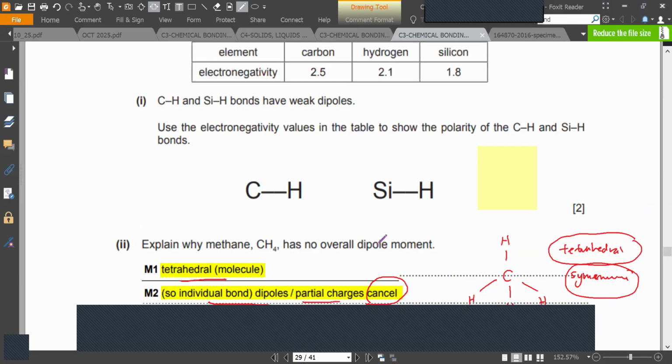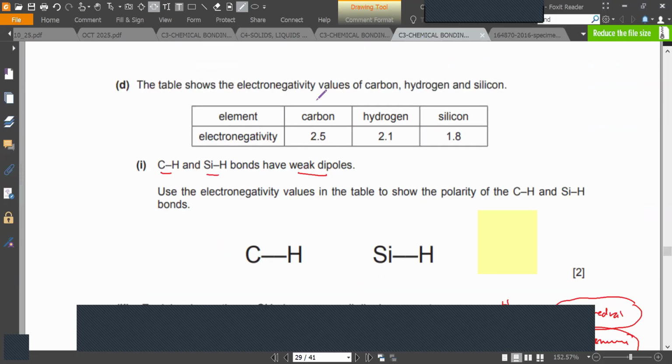The C-H and Si-H bonds have weak dipoles because they have different electronegativity. Carbon is 2.5, hydrogen is 2.1, and silicon is 1.8. The dipole will point towards the more electronegative atom.